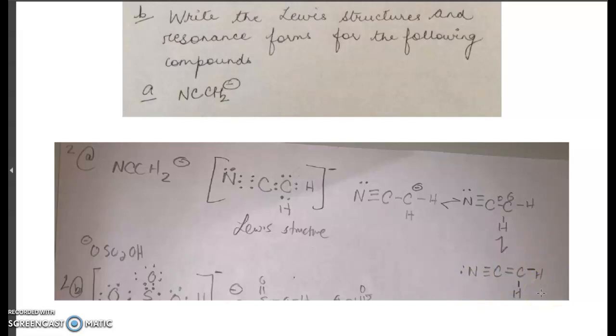My thought process for this was to keep that negative out of the way and try to get a cohesive covalent bond. As you can see in the last structure, there's a triple bond.